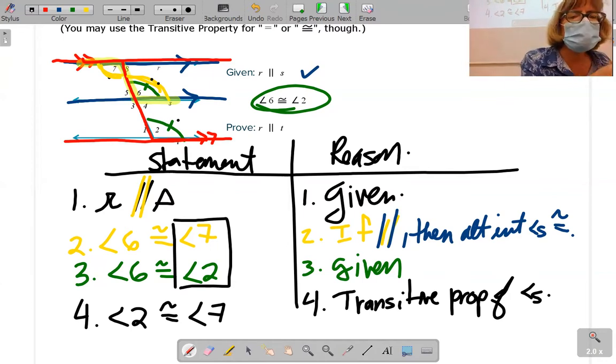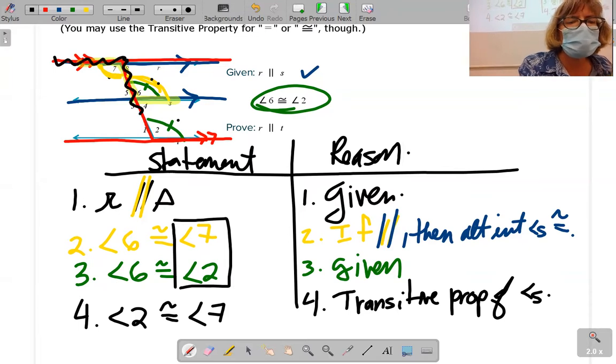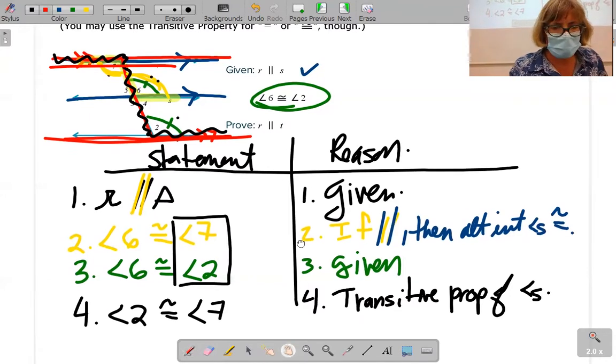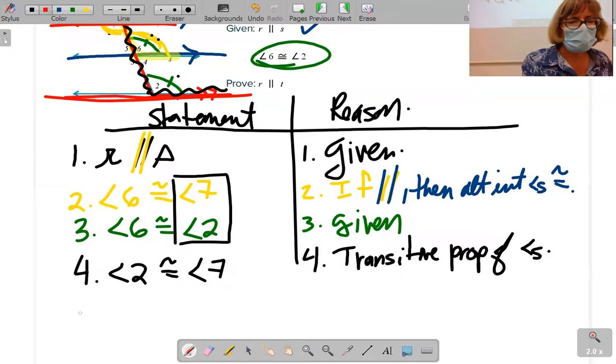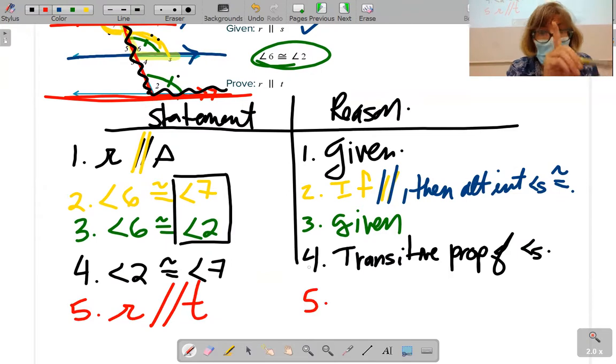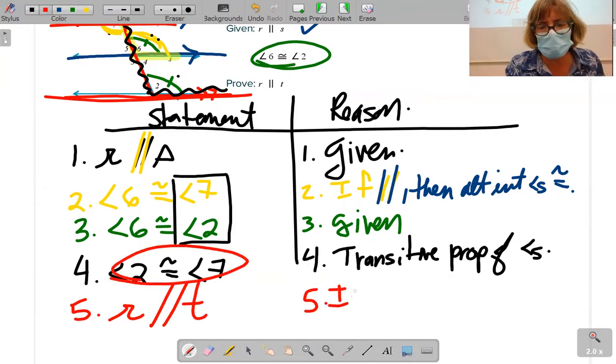And because 2 and 7 are armpits of the Z, that forces these lines to be parallel. So step 5, R must now be parallel to T, and the reason is, look at the order, because of alternate interior angles.